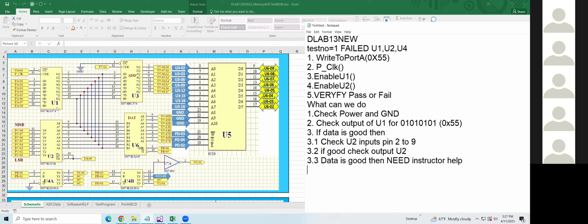Okay? And what we have to follow to do. So you take power and now take output, if data is good. Okay? Now the data is not good.